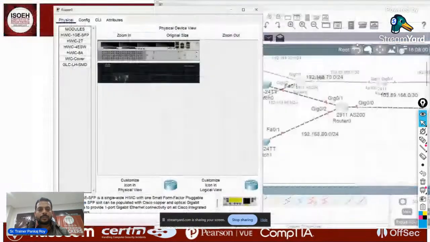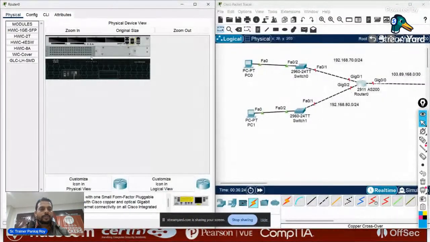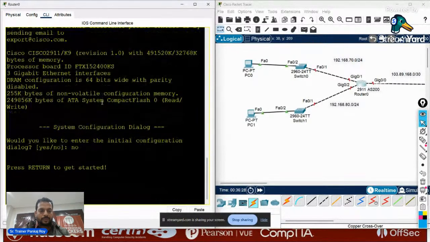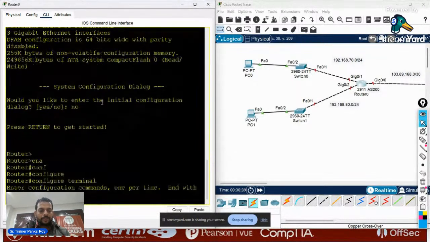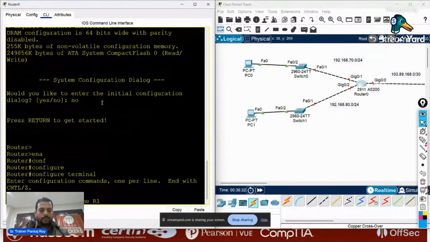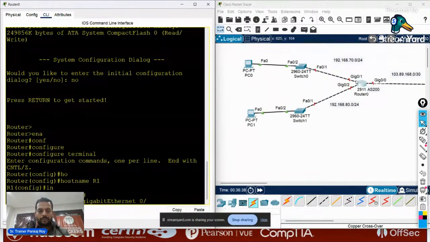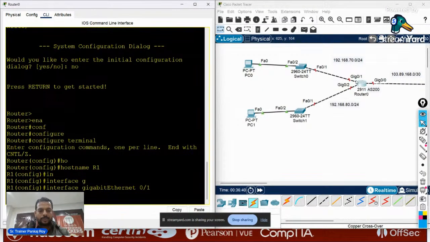These are the routers. So I configure this router. Configure terminal, hostname R1, interface. So I set the interface address, gigabit 0/1, IP address.